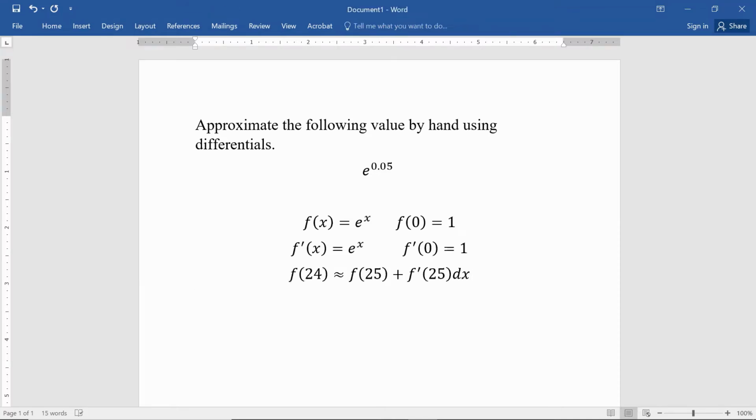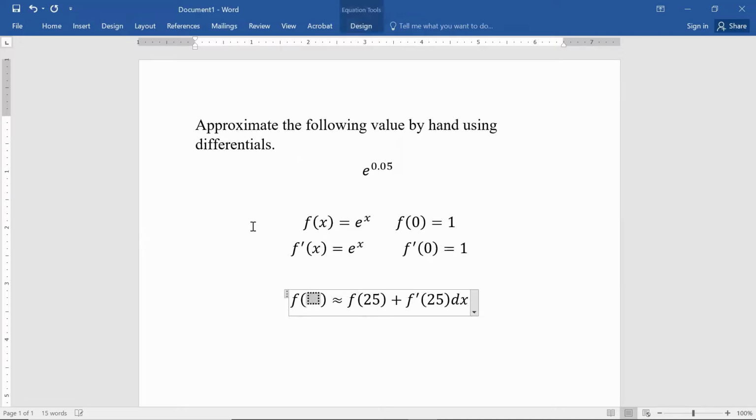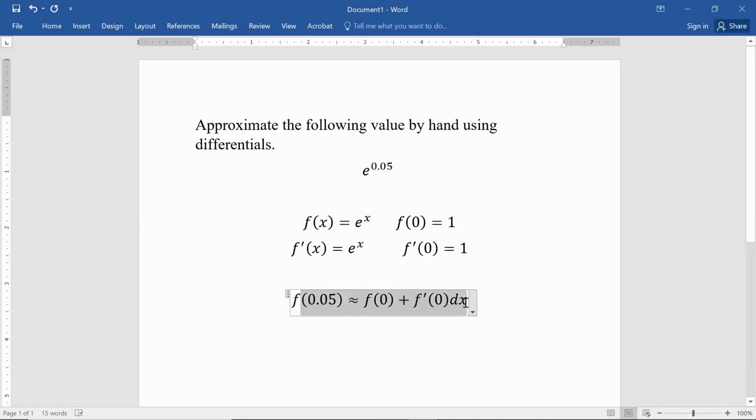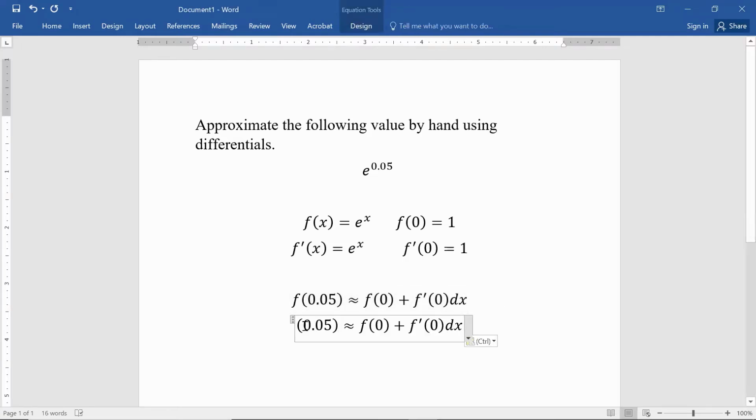If I want to approximate using differentials, e to the 0.05 is like plugging in 0, adding f prime of 0 times this differential, differential here of x. We just saw f of 0 is 1, so we can replace f of 0 with the number 1.